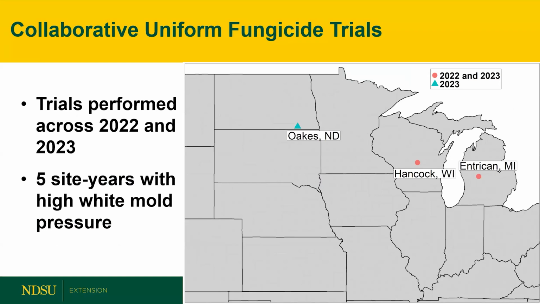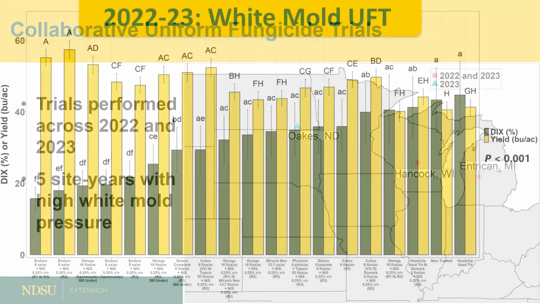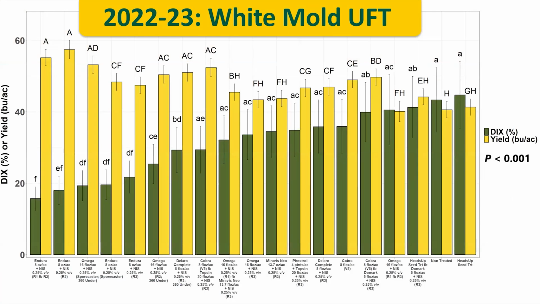Now, in addition to that, we've also done some uniform fungicide trials for white mold management across the Midwest, with 5 different years looking at this data set here. The first thing I want to point out is that yield is on our gold bar, and our white mold disease severity index is in our green bar.